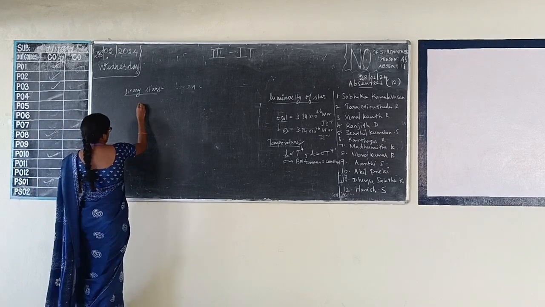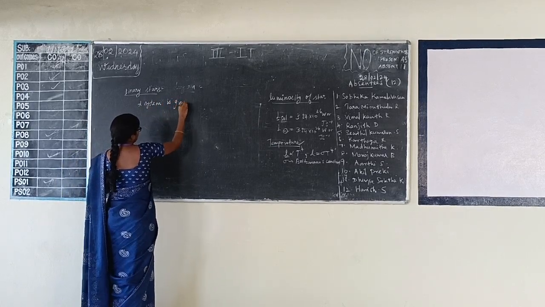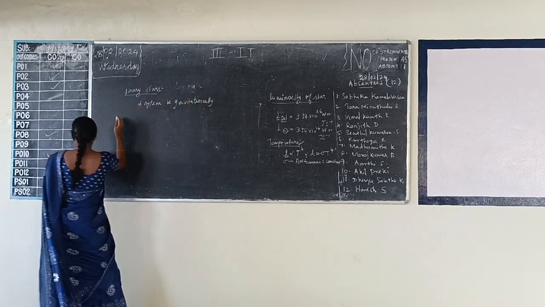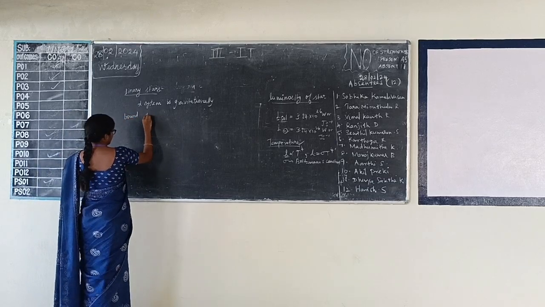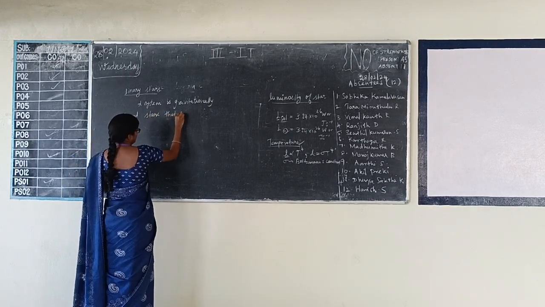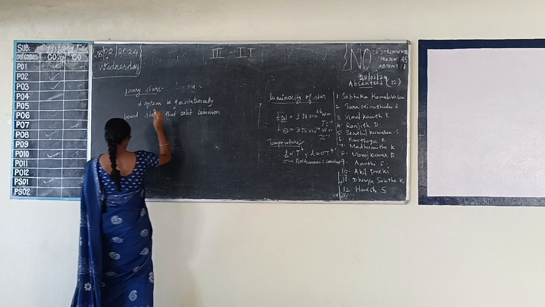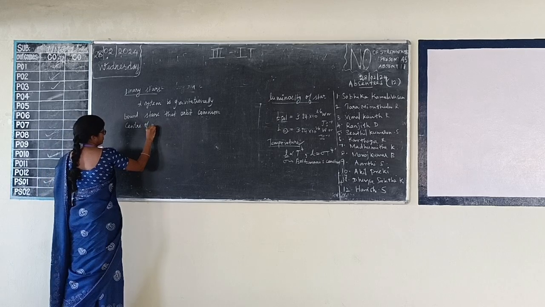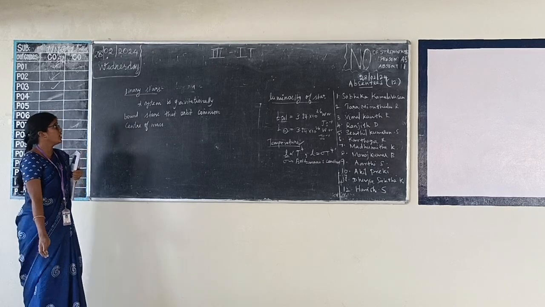There you go. A system is gravitationally bound, and only two stars is said to be binary stars.